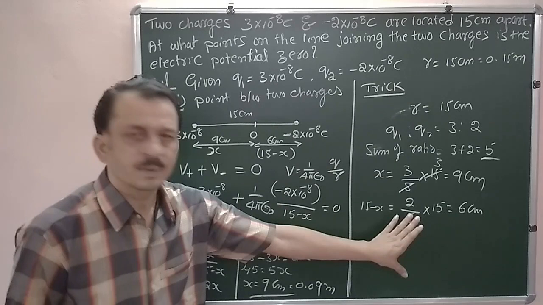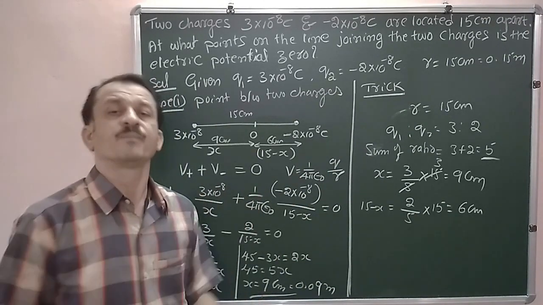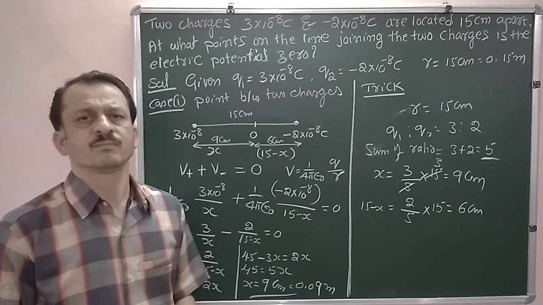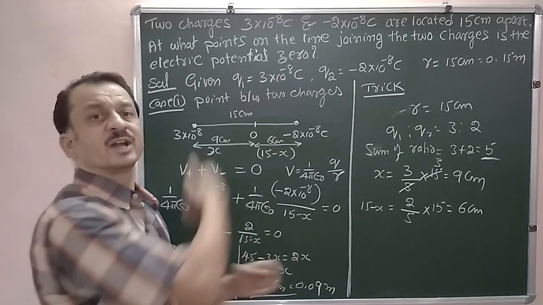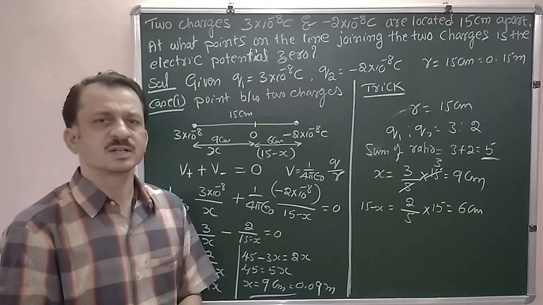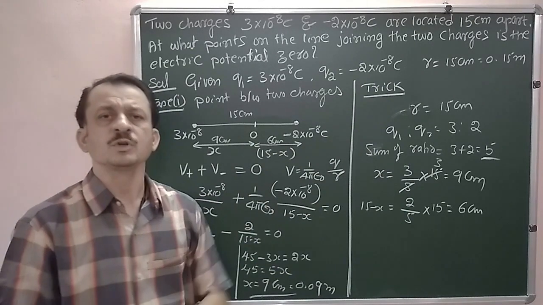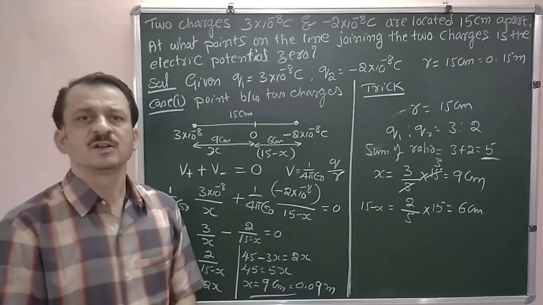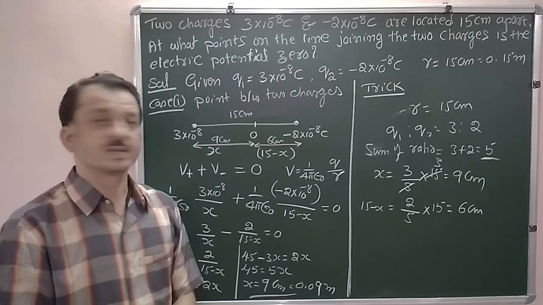Now this is applicable for the point lying between the two charge system, but it is not applicable for all the cases, for a point outside the charge system. Like this, we have to work out certain tricks while solving the problems in competitive examinations.